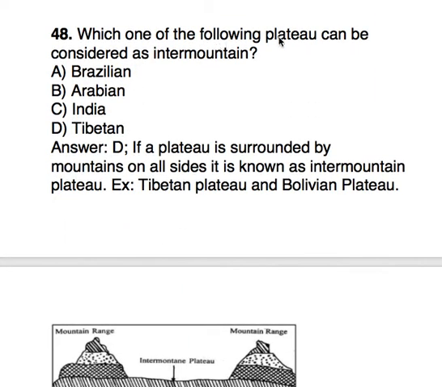Which one of the following plateau can be considered as intermontane? Intermontane means the plateau which are surrounded by mountains, that is called intermontane or intermountain. There are four options. Tibet is the correct answer, and another example is Bolivian plateau is also an intermontane plateau.